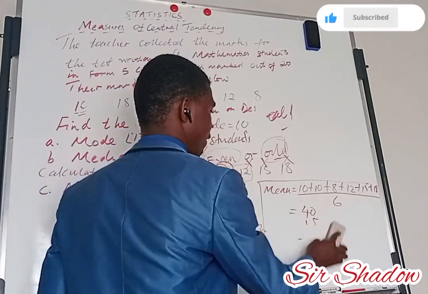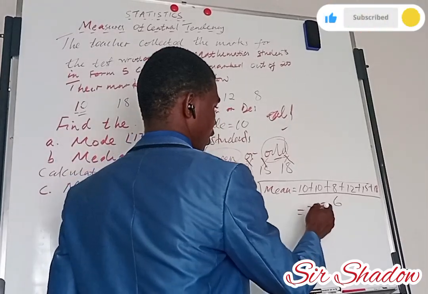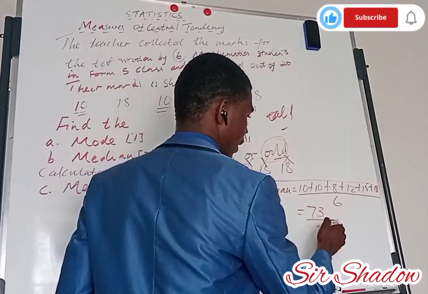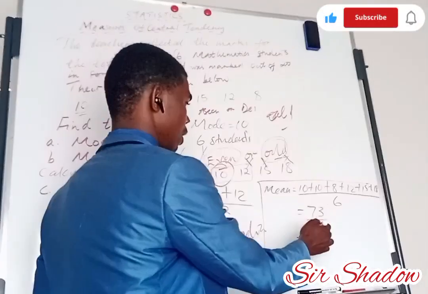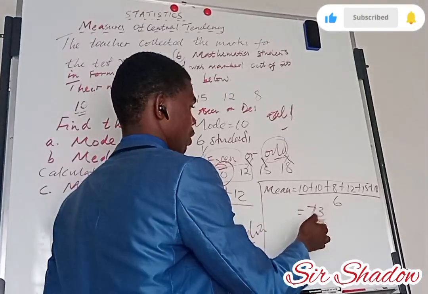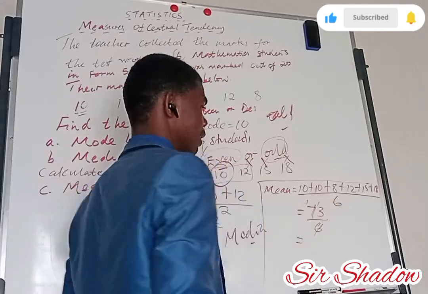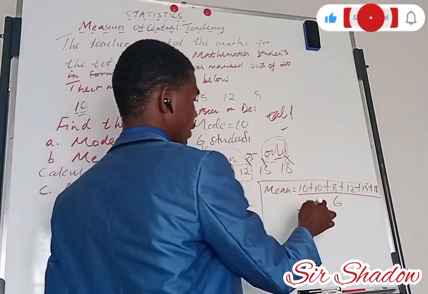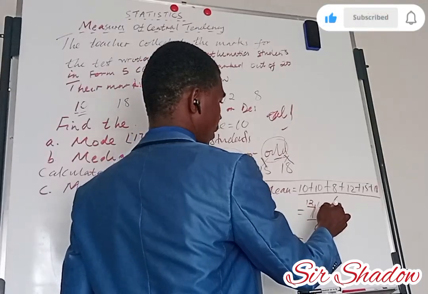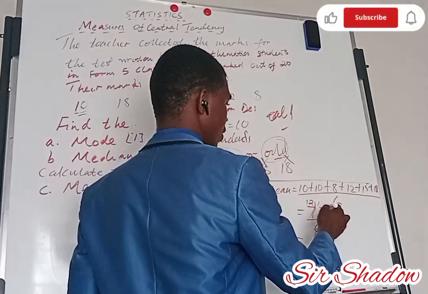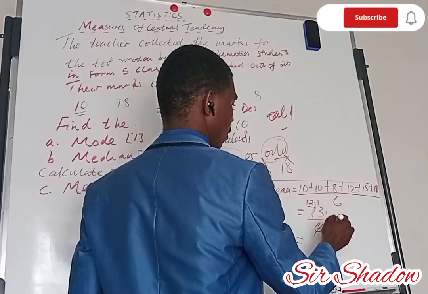So we have 73 divided by 6. 6 into 7 is 1, remainder 1. 6 into 13 is 2, remainder 1. 6 into 10 is 1, remainder 4.